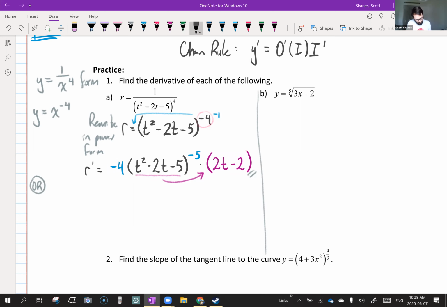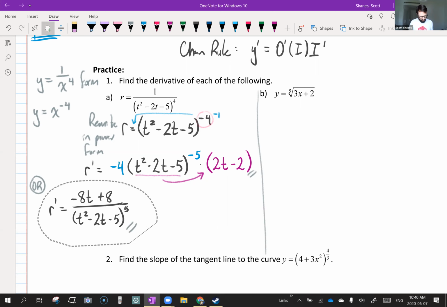That will give me -8t plus 8. And on bottom, I'm going to have this expression. But we want positive powers when we finish. So instead of having a -5 here, I'm going to bring it down on bottom and make it positive. And that's a better version. But again, both of them are okay. You're allowed to write either one.